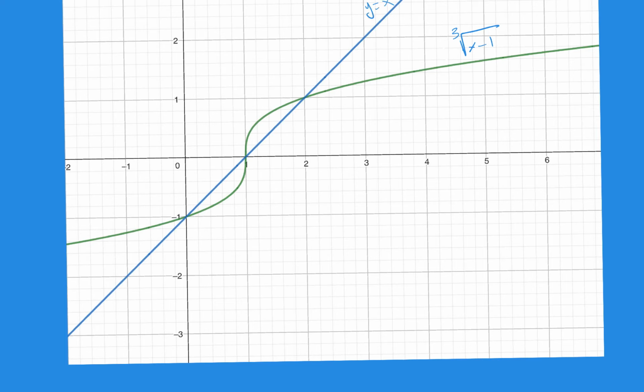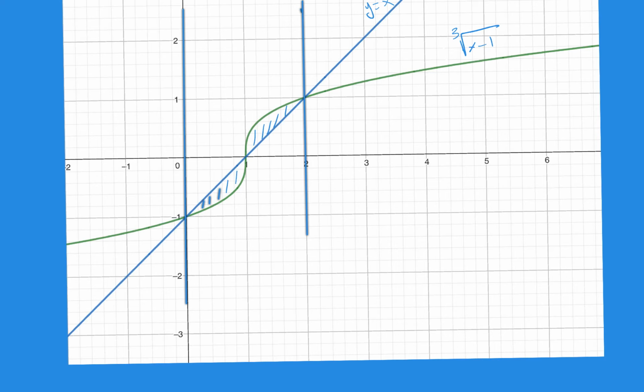This is the graph y equals x minus 1, okay? The area that we have to find is from x equals 0 to x equals 2, so these two vertical lines, and the area bounded by the two curves is this area and this area. So let's go find it.